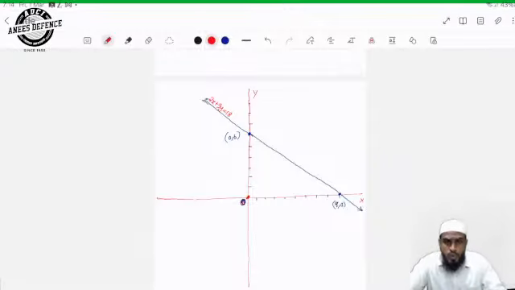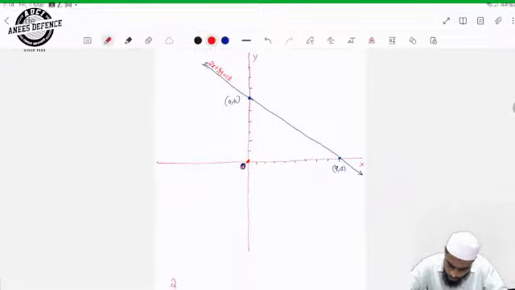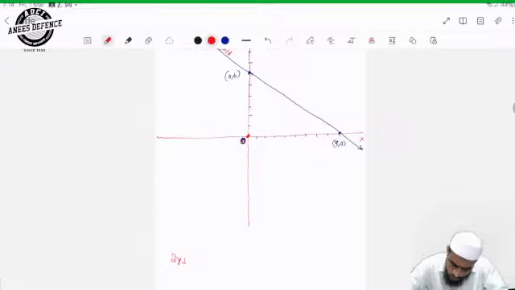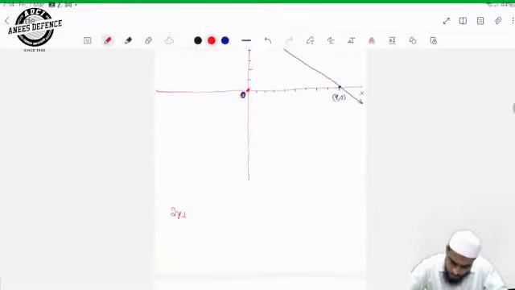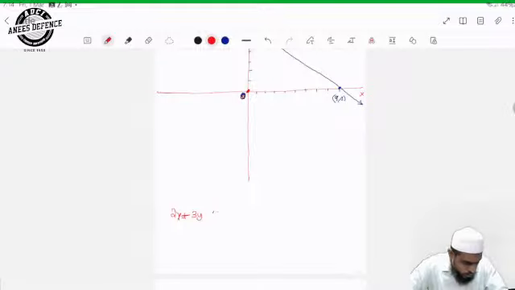Now I will consider a point on the origin side. Suppose my equation is 2x plus 3y less than or equal to 18.